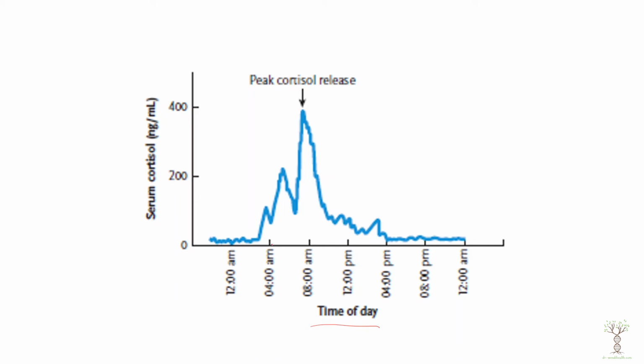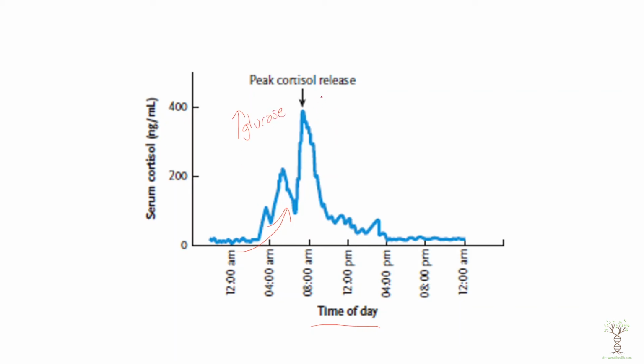So somewhere around 4 to 6 a.m., your cortisol levels are normally going to start increasing. And this is beneficial because it helps you to increase blood sugar while you've been fasting all night while you've been sleeping. So this increase in cortisol in the morning helps you to increase your blood sugar in the morning.